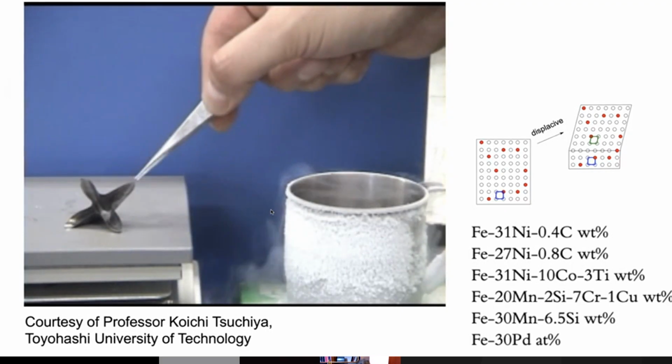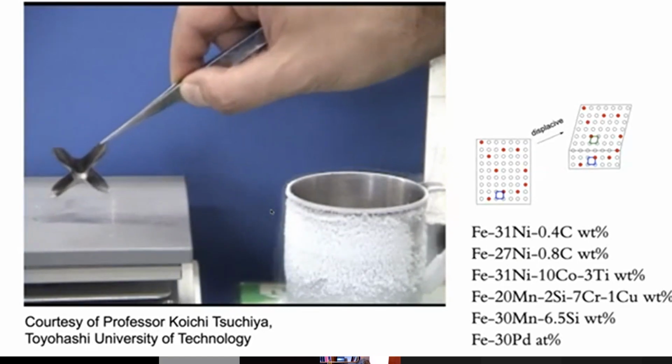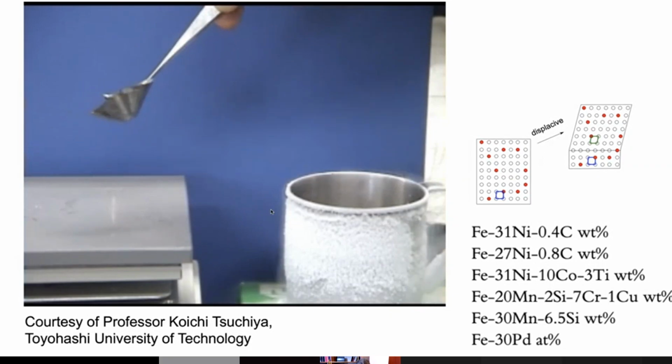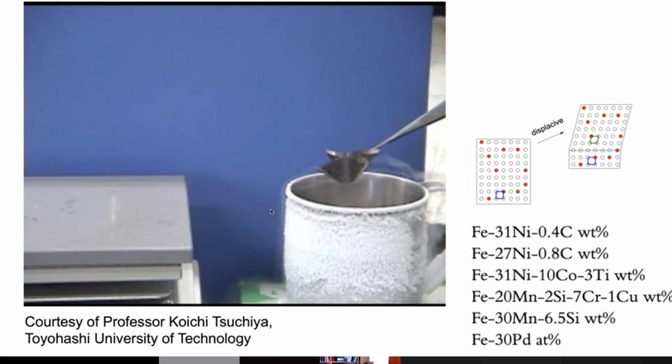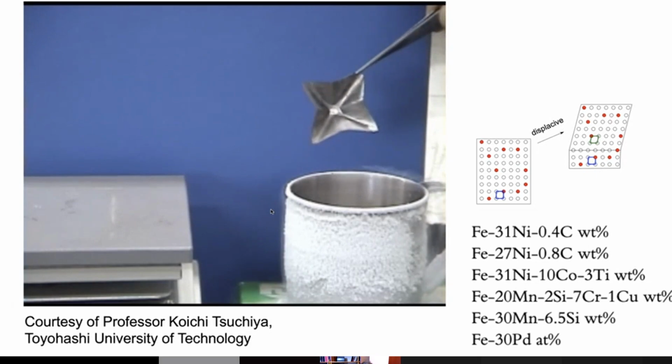And if you put it back into the cold liquid, which is probably liquid nitrogen, then it will go flat again. And that sample is actually polycrystalline. Nevertheless, the shape deformation of the martensite is causing that macroscopic shape change.